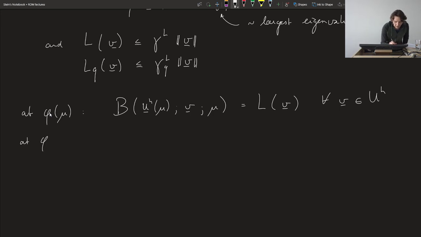And at the parameter point mu plus d mu in some direction, we have a similar statement.